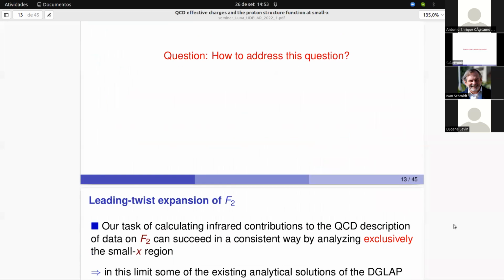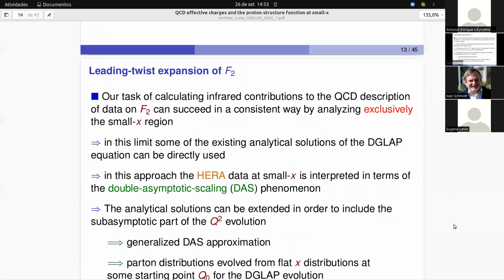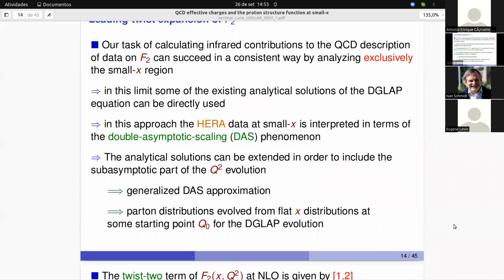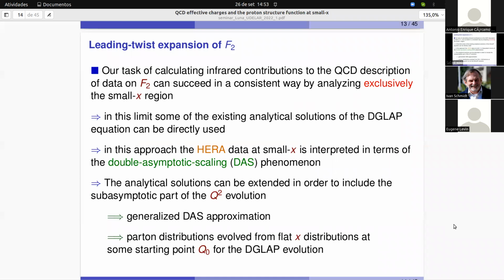So as I said in the beginning, our approach was just to introduce the idea of effective charge in QCD. But before, just to be more exact about what we are doing, we have observed a very important point in our approach: in the limit of a small x region, there are some analytical solutions of the DGLAP equation.